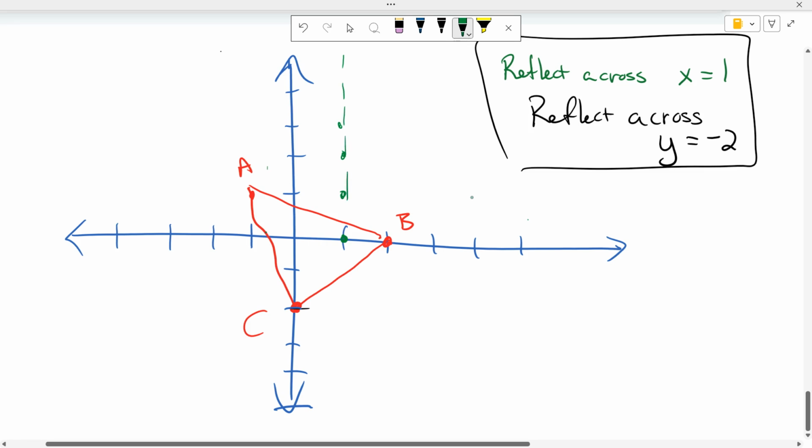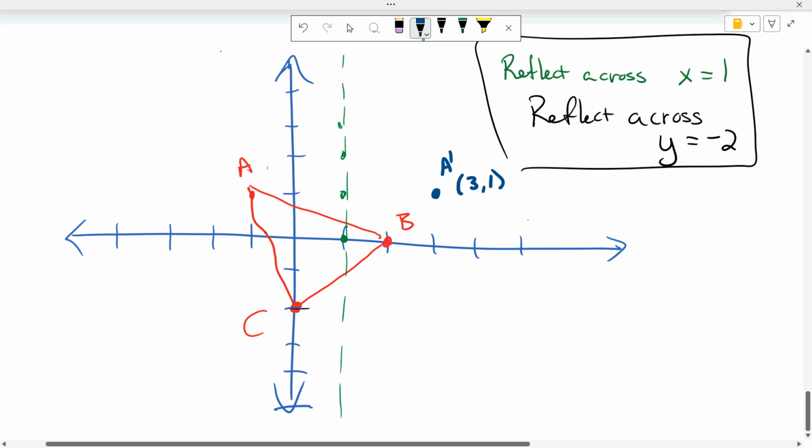It's this line. So let's reflect across the line x equals 1. Where does A end up? It's 2 away from here. So if we go 2 away, you're actually at (3, 1).